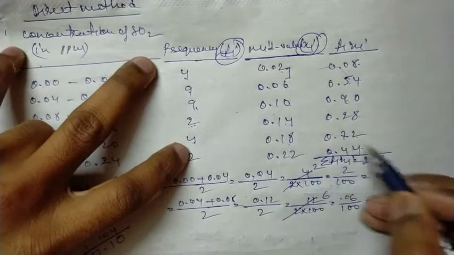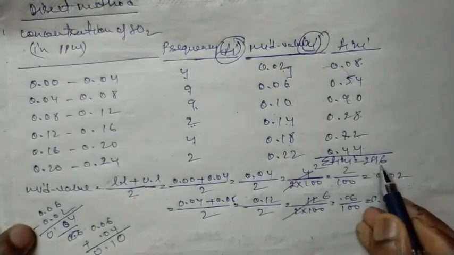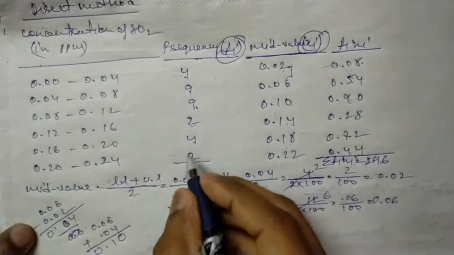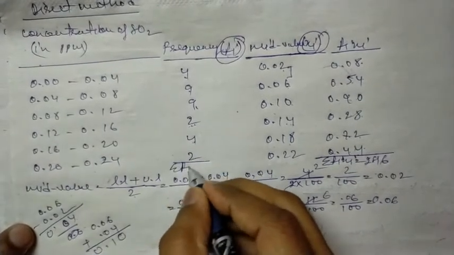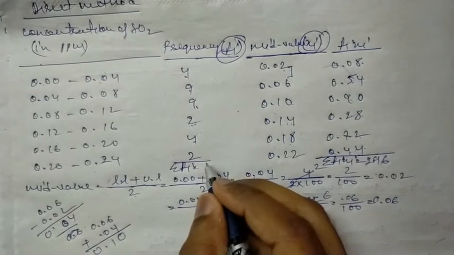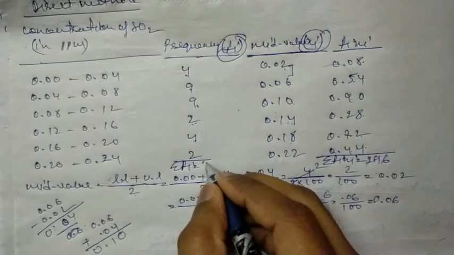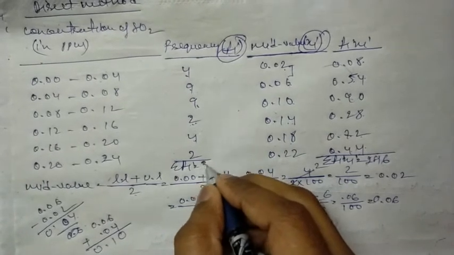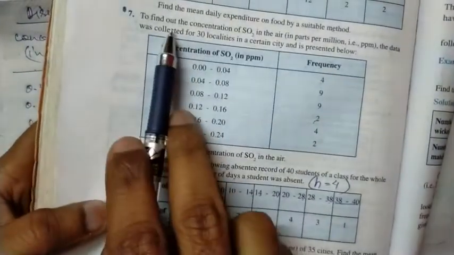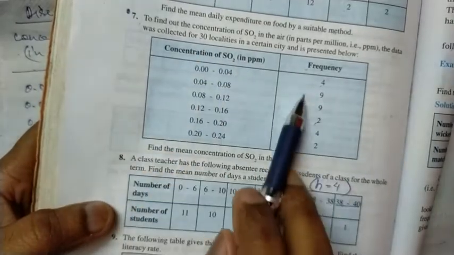So the decimal will be over here, 2.96. And this is already given, sigma fi is 30. You see here, data was collected for 30 localities in a city. So this is the total of frequency.